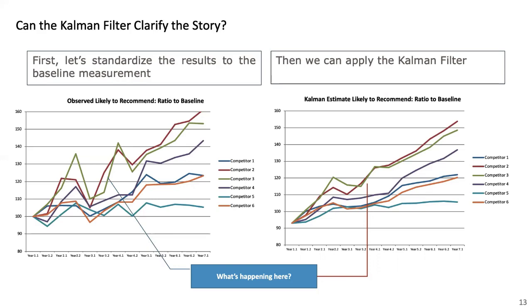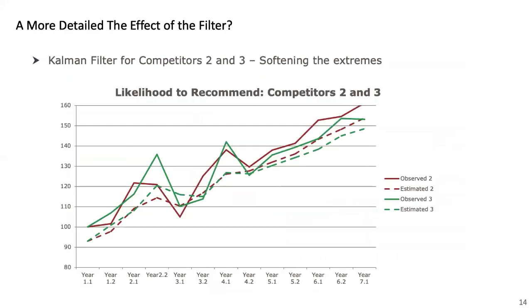That's why you see the starting point for the chart on the right to be lower than 100, because I did not give it a very good starting value, but still it's working. It achieved its purpose of smoothing out those extremes. We can take a good look at just brand 2 and 3, and you can see how the Kalman Filter smooths out those extremes.